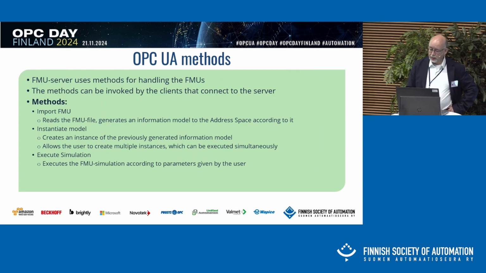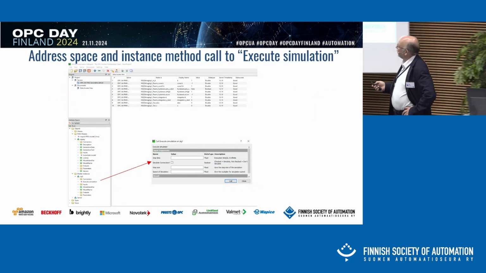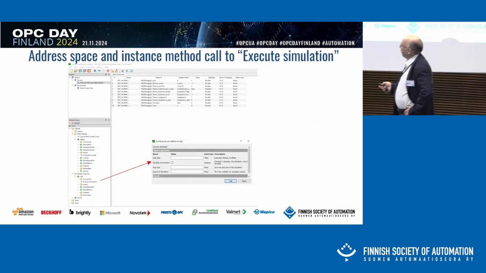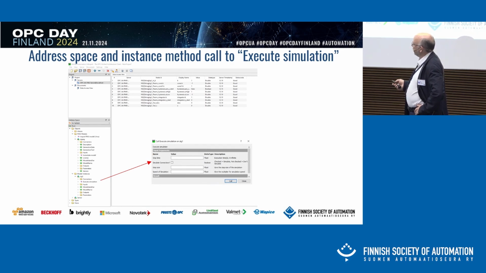And here is the address space. You can see the import model part, and you can import zigzag, which was the test FMU model, and you have the connection points there. Then you have some metadata description and the generation tool. You have inputs, instantiate model, license, etc., outputs and parameters, and version information.